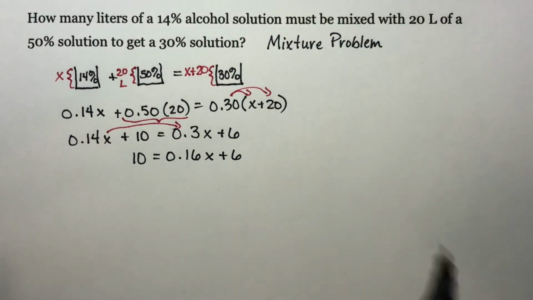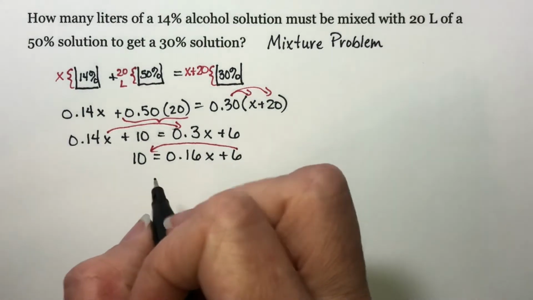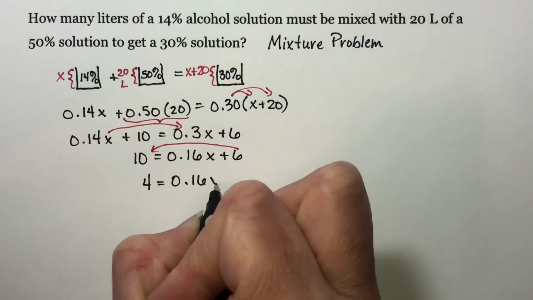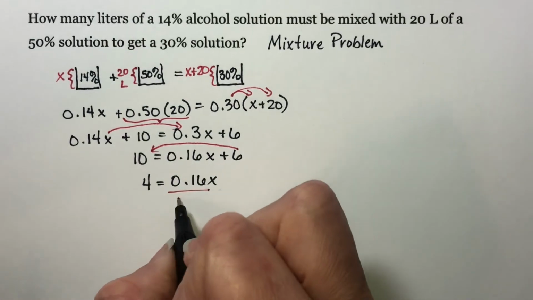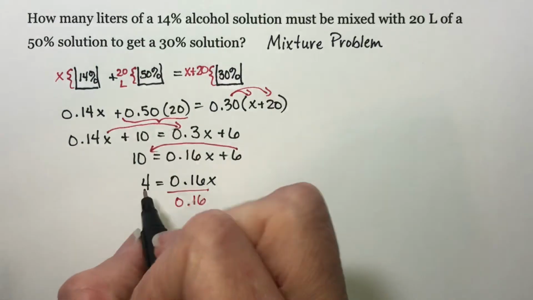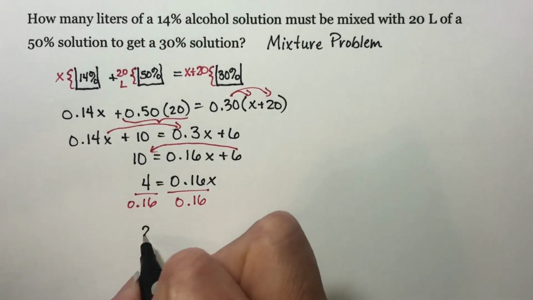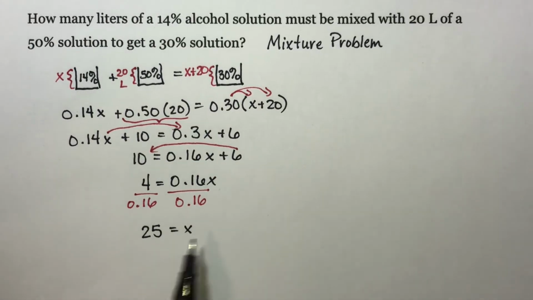Now let's move the 6 over to here. So I'm subtracting 6 from both sides and I get 4 equal to 0.16x. And now divide both sides by 0.16, and we get 25 equals x. So we found x.